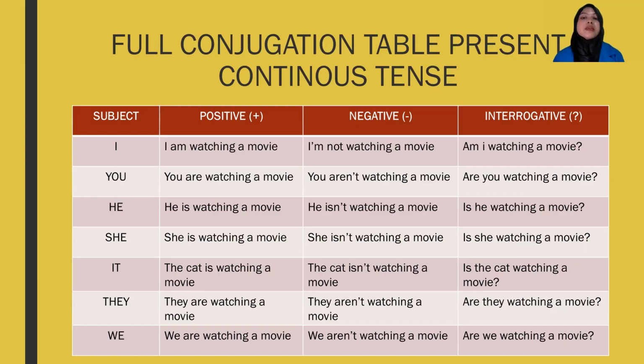You are not watching a movie. Are you watching a movie? Subject he. He is watching a movie. Negative: he isn't watching a movie. Interrogative: is he watching a movie? And some examples: she, it, they, and we.